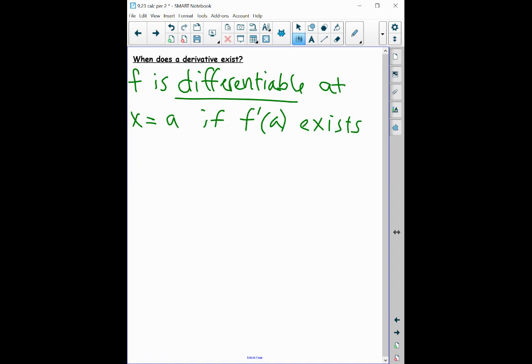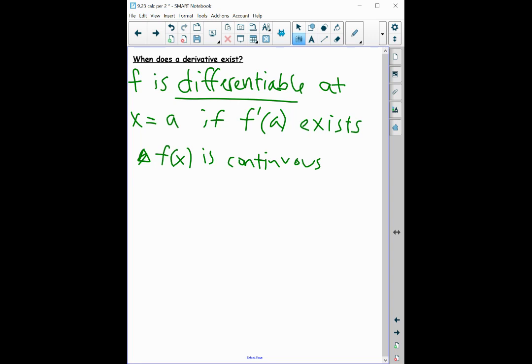Now, when do we know a derivative exists? Here's the first thing. f of x must be continuous. If it's not continuous, it's automatically not going to be differentiable. We'll talk about that more next class. We're going to really get into differentiability, but here I'm just going to give you the bones of it.